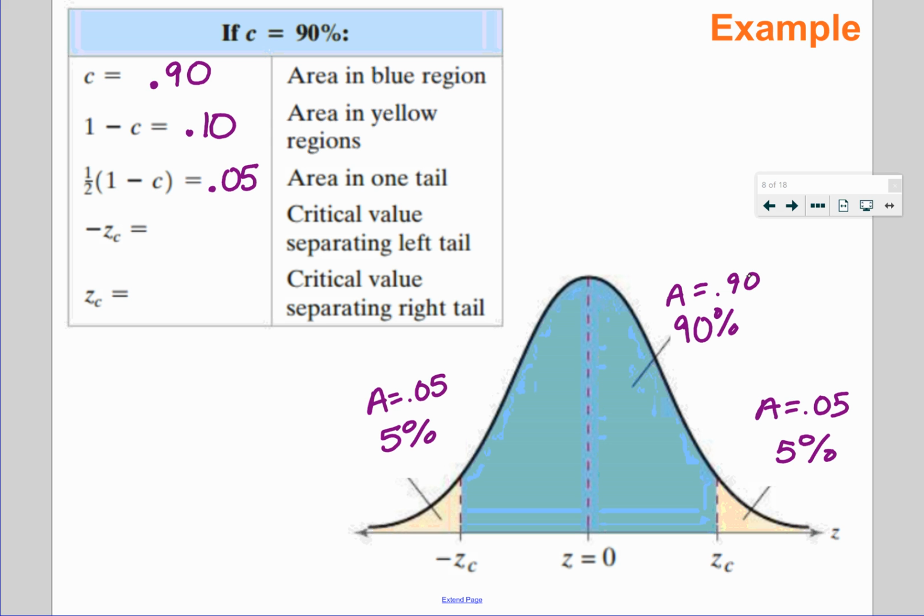So let's pretend this wasn't one that we already knew. It wasn't one that was given to us. You would find 0.05, that area, somewhere on your chart. So it's, of course, going to be in the negative z values. So look on the negative side, and you're looking for one that is closest to 0.05. And there's actually 2 on here that are really close to it. They kind of go on either side of it.